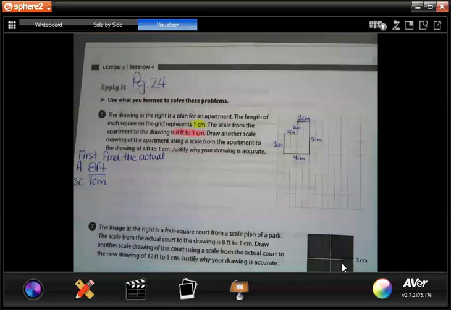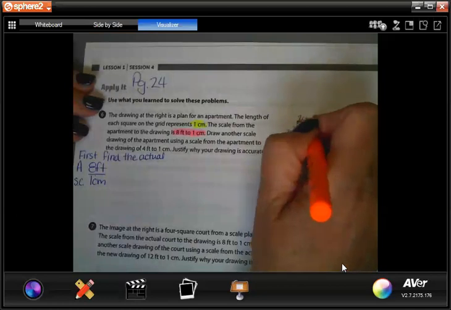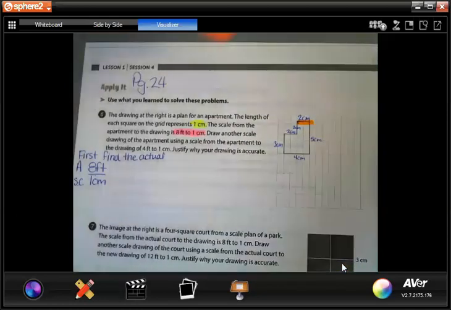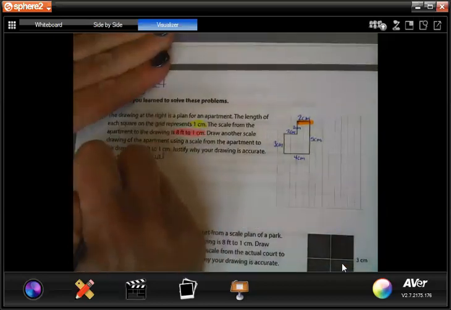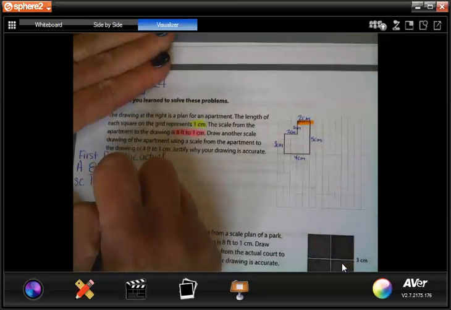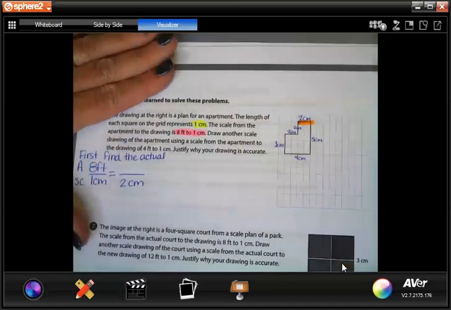Now, before we had to do all of the dimensions, but for this problem, I'm going to pick just one of these to find. So I'm going to pick this side right there, and I'm going to find the actual dimensions of that. I know that that is 2 centimeters.